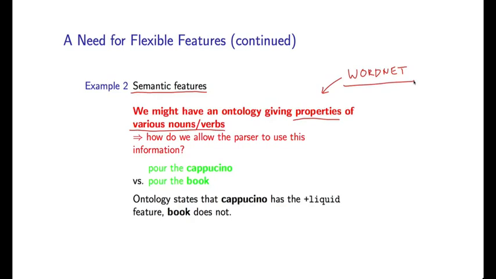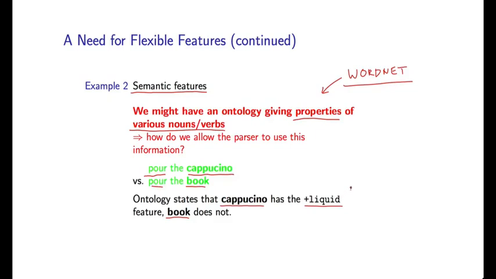And this ontology might state, for example, that the word cappuccino has the plus liquid feature, whereas the word book does not have that feature. Okay, so cappuccino is a liquid. And that's important if we're thinking about a verb like pour, where in general nouns which have a plus liquid feature are likely to appear as objects, whereas nouns which are not liquids are much less likely to be objects.